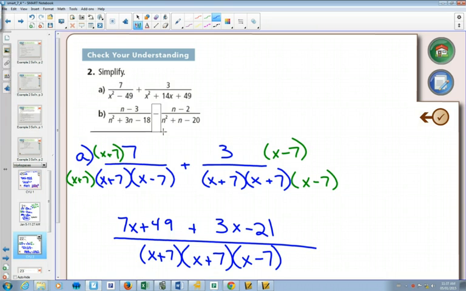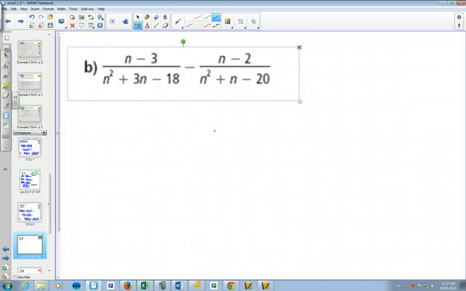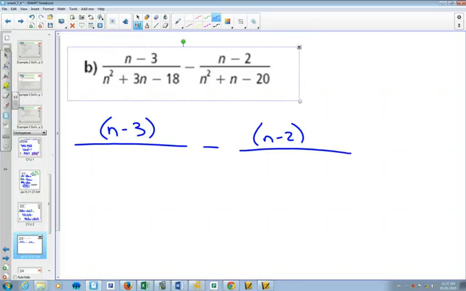So here's B. Nothing too surprising in B either, although it is a subtraction sign. So this is where you could run into problems when you're subtracting. I'll group those together. And 18 is going to be n and n.